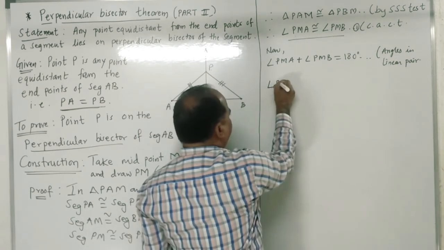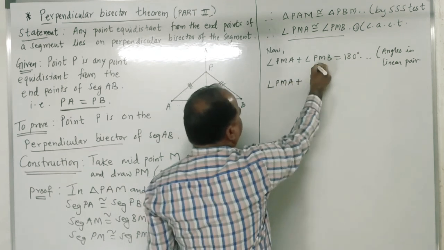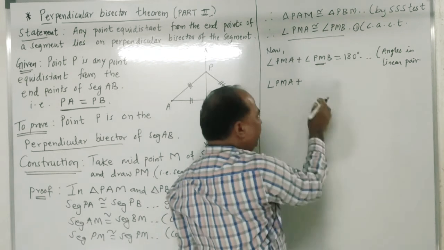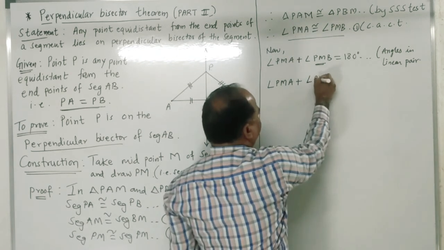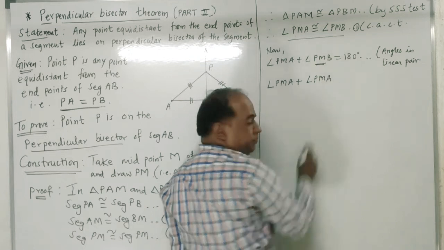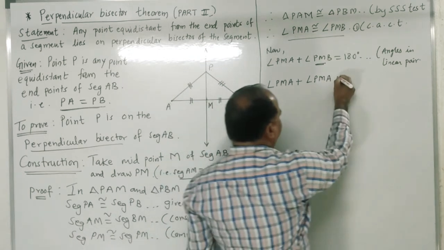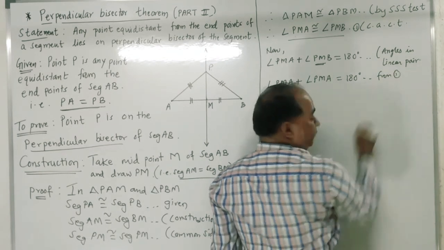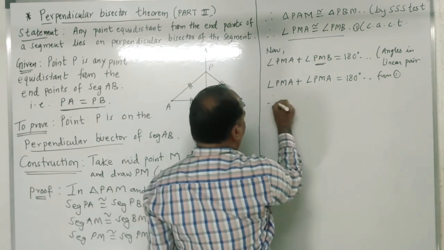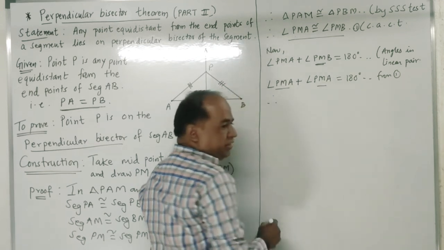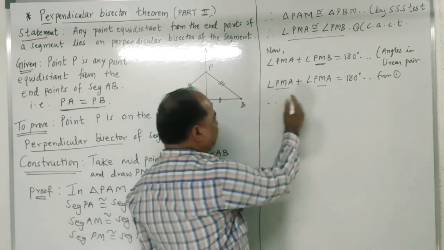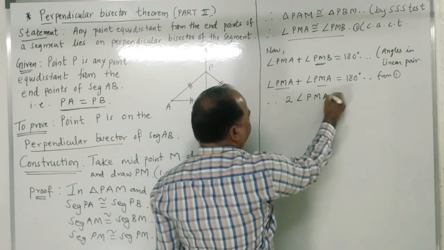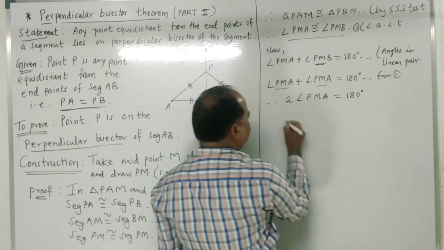So angle PMB is equal to angle PMA. From 1, angle PMA plus angle PMA, that is 2 angle PMA, is equal to 180 degrees.